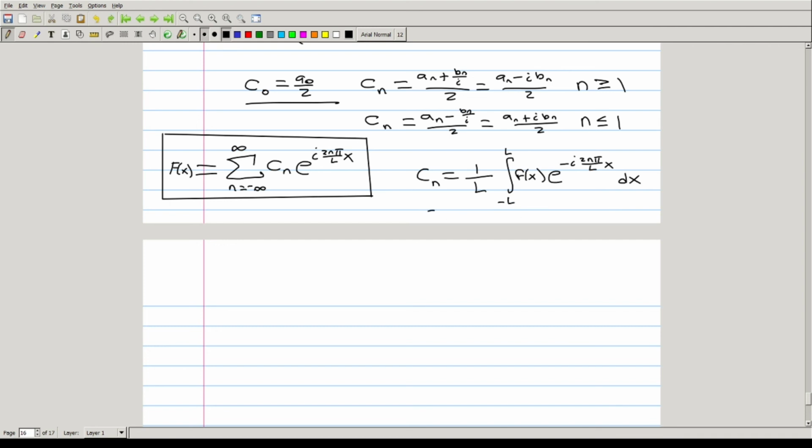So this would be a good thing to go through and check. But this is a very important formula, and we will find many uses for it.